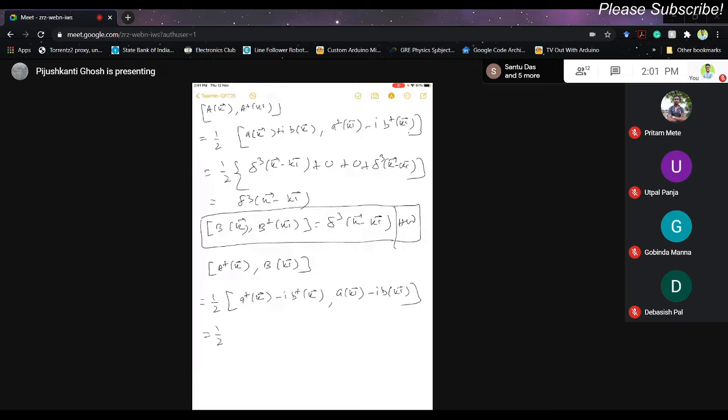Of this with this, what will it give? Minus delta cube k minus k prime. This with this, what will we get? 0.